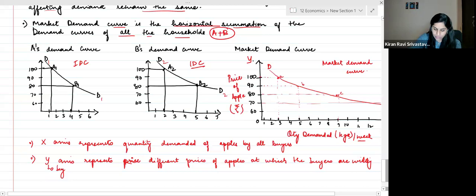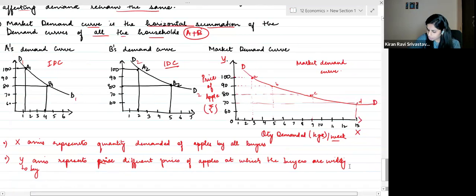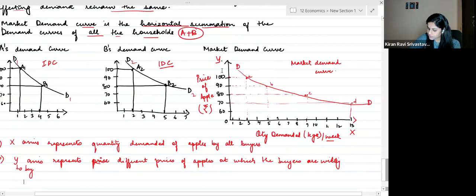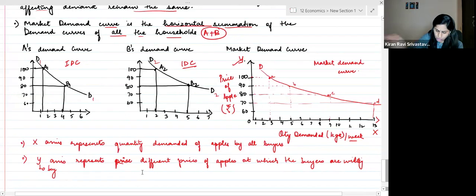Then the third point I will write. You can look at the graph and see: first I'm writing on the x-axis, then on the y-axis, then what A, B, C, D are.